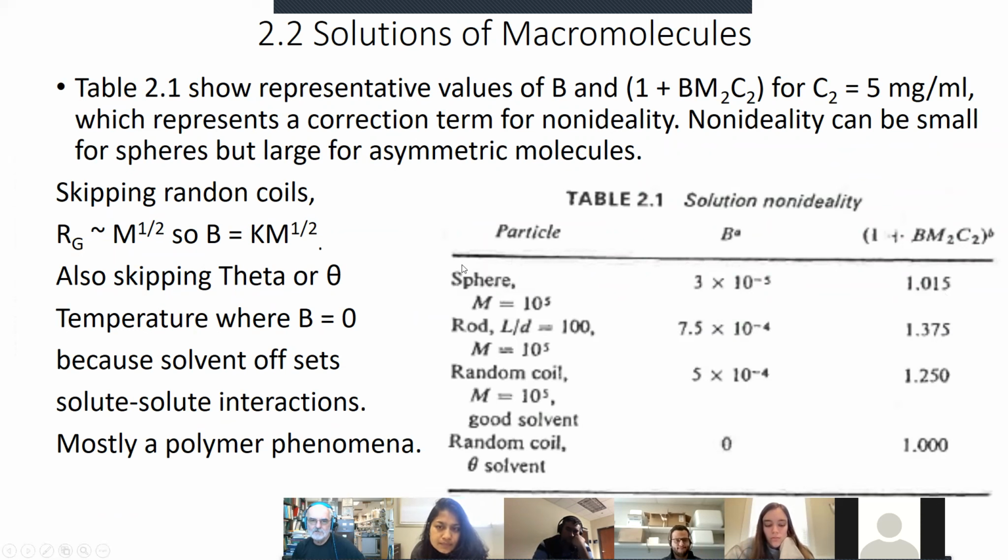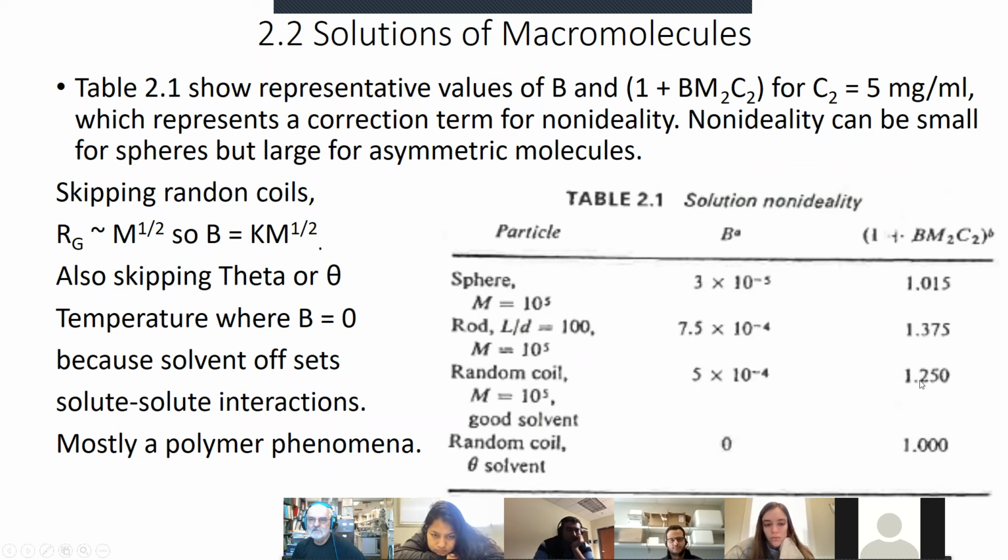That's for spheres. The reason we care about shape is that rods will have a much bigger virial coefficient. If the length over D is 100, a really long rod, it will tumble in solution and occupy a huge amount of space, so it will give a bigger number. You can plug these values into those equations and approximate these numbers. It will give a number that's 37% deviated from ideality. That's a huge deviation from ideality.